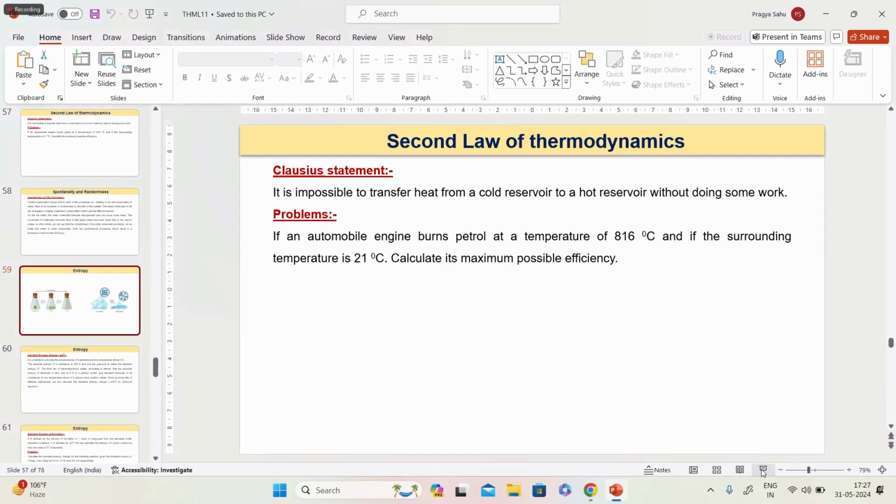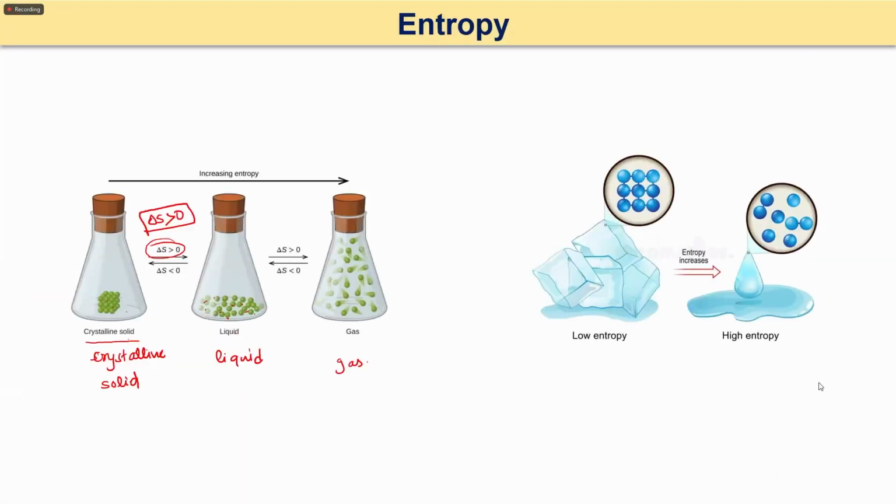Okay, so in that case, there is randomness. So that means your entropy will increase. Okay. So this is shown over here that in case of your ice, the entropy was low, and in case of water, entropy was high. So if you subtract them, that means your entropy is increasing. So if you subtract them, your entropy change will always be greater than 0. That means it will be positive value.